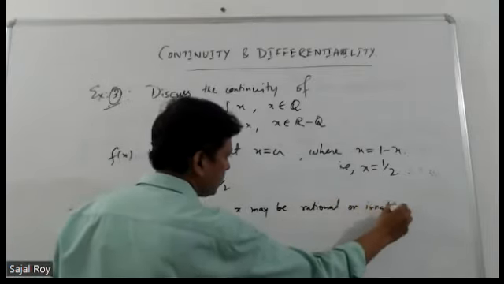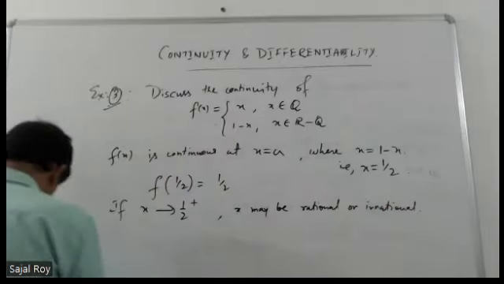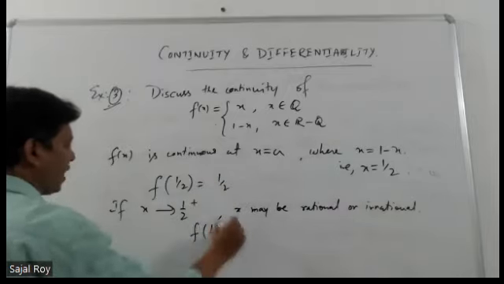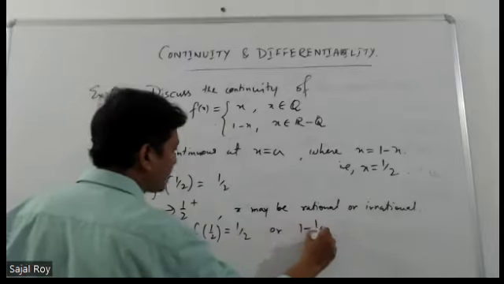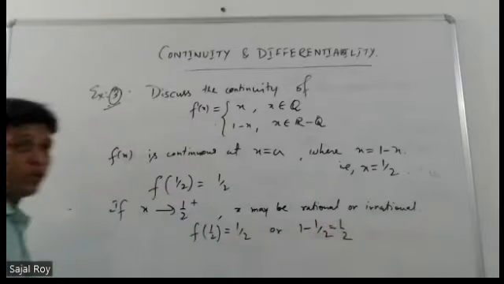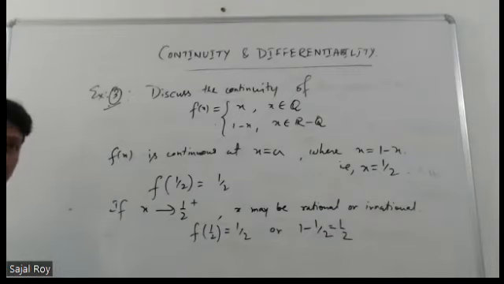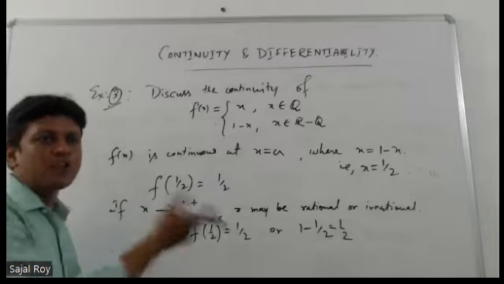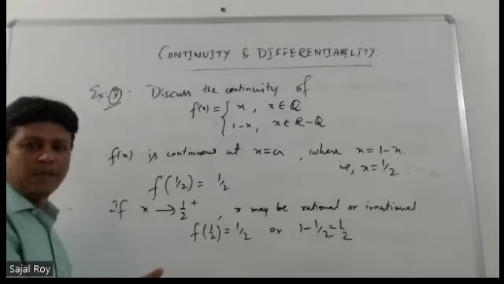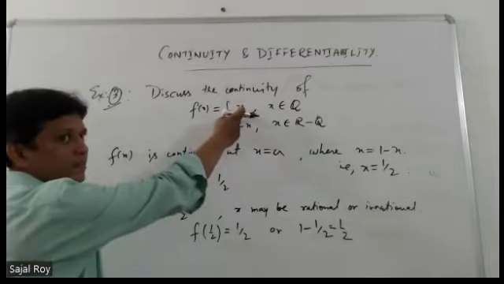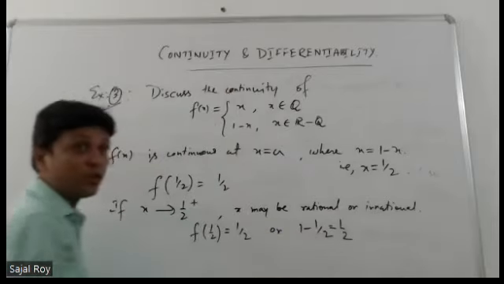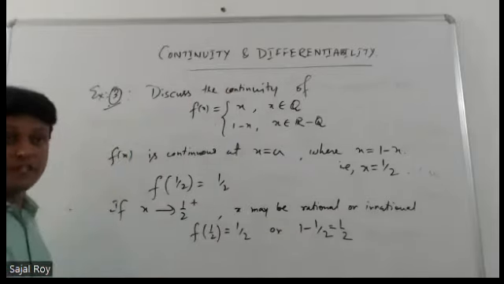It can be half or 1 minus half, that is half in both cases. When x is approaching from the right, if it is rational, it will take x, that is half, and if it is irrational, it will take 1 minus x. In that case also it is half. So half is the common point.